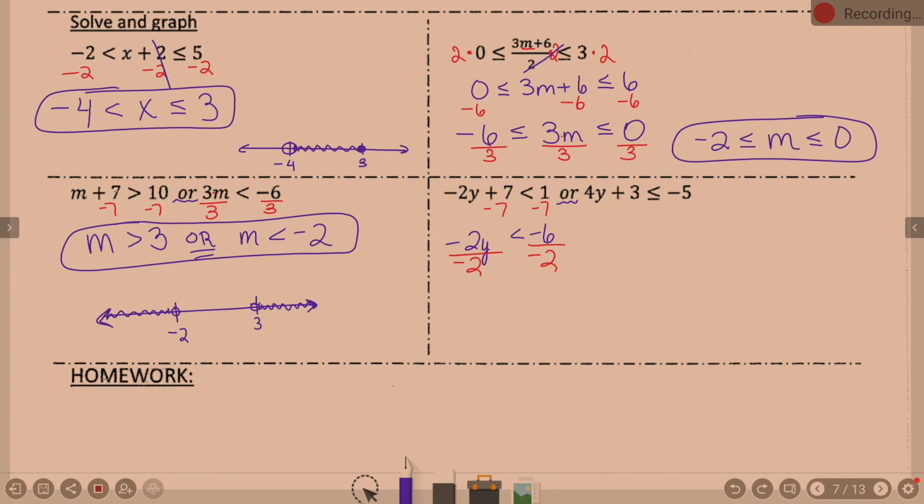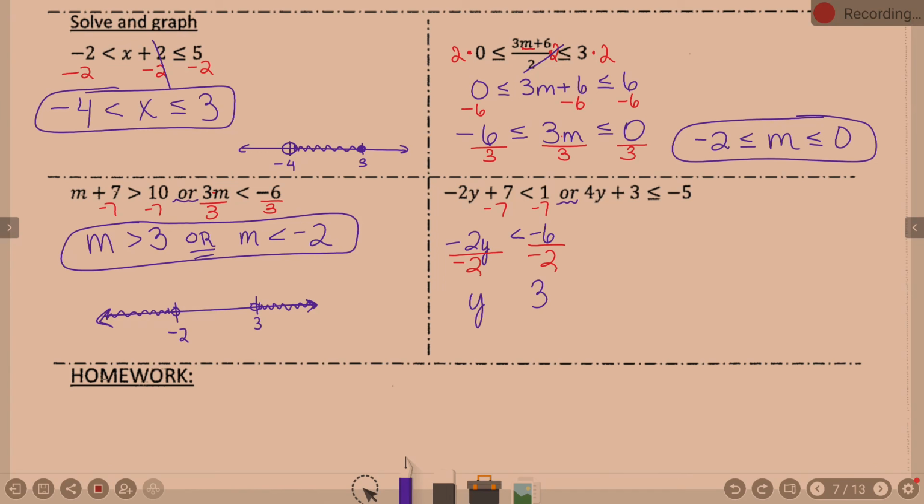The -2's cancel, and it's going to be y, greater than... What is -6 divided by -2? 6 divided by 2 is 3. So -6 divided by -2 is positive 3. Both are negative.